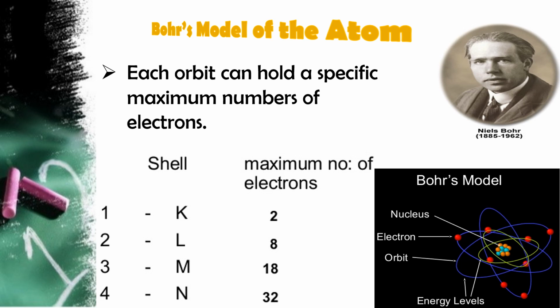As you can see, the electrons are orbiting around the nucleus. Every shell has a capacity of electrons only.